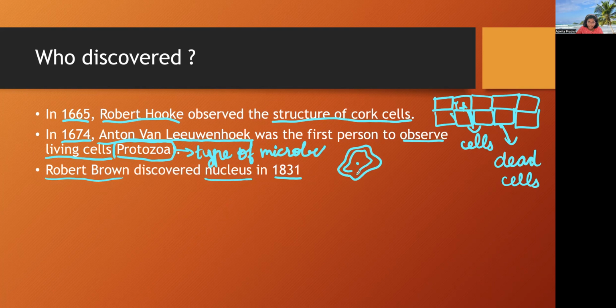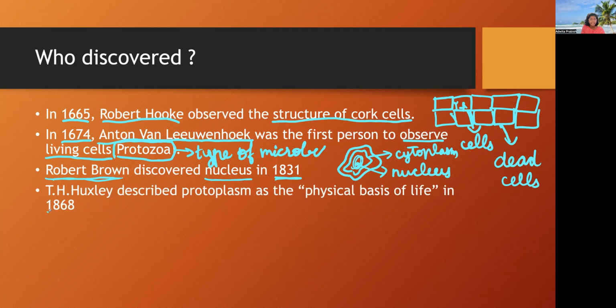Just inside the boundary and inside that jelly-like substance called cytoplasm. The dot that we see is the nucleus. And this nucleus was discovered in 1831 by Robert Brown.